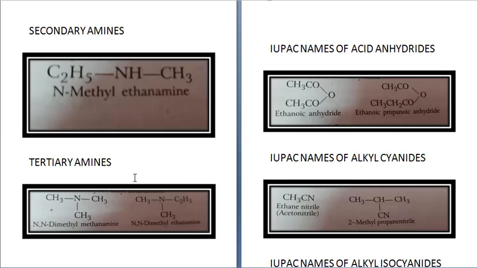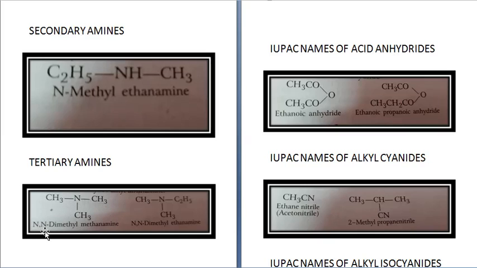Next you come to IUPAC names of acid amides. Okay. Acid amides. The parent carbon chain should contain CONH2 for an acid amide. Even if the parent carbon chain is not the longest, that CONH2 group should be included in that chain.